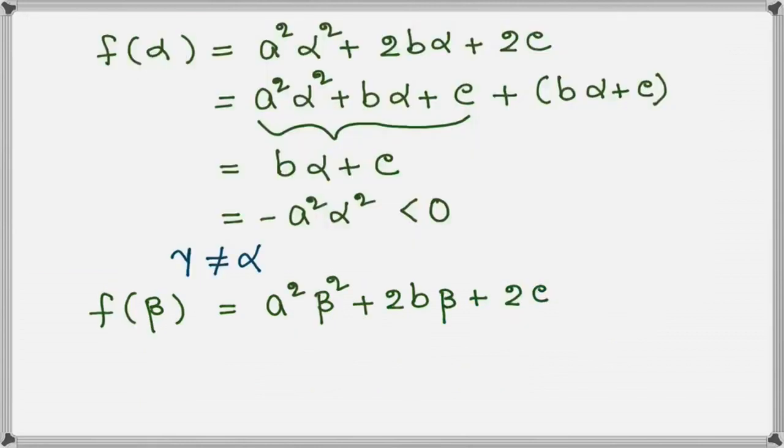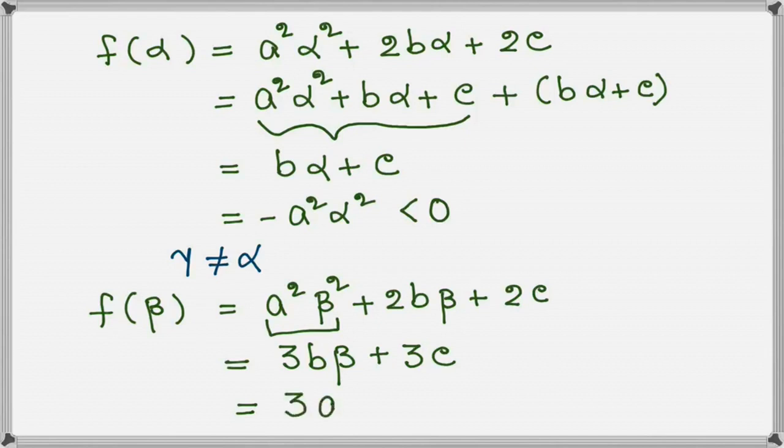Therefore, substituting b beta plus c in place of a square beta square, we get f of beta is equal to 3b beta plus 3c, and this is equal to 3 into a square beta square. So therefore, f of beta is strictly bigger than 0.